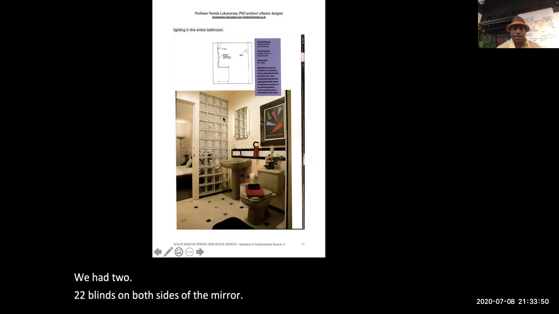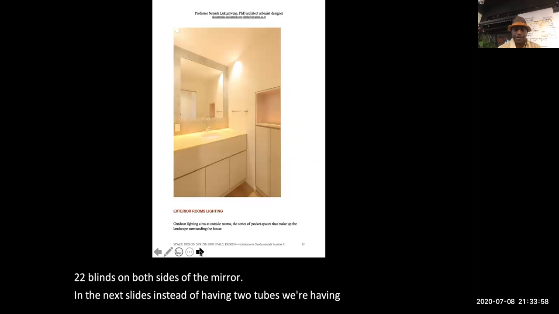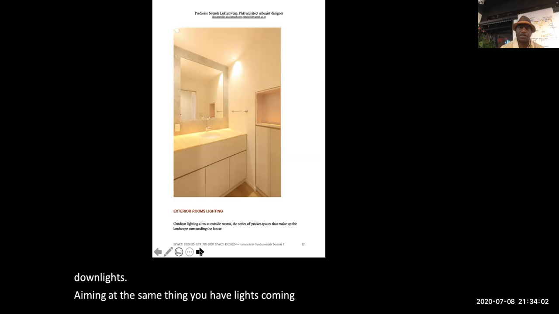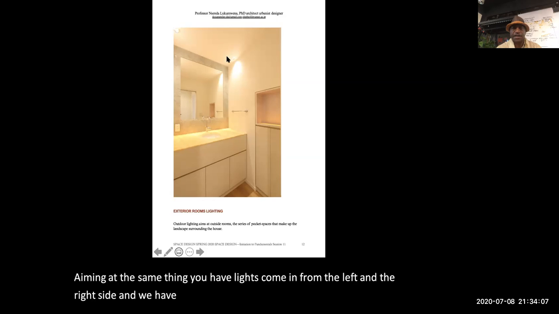In the next slides, instead of having two tubes, we're having two downlights aiming at the same thing. You have lights coming from the left and the right side. And we have another piece of light.